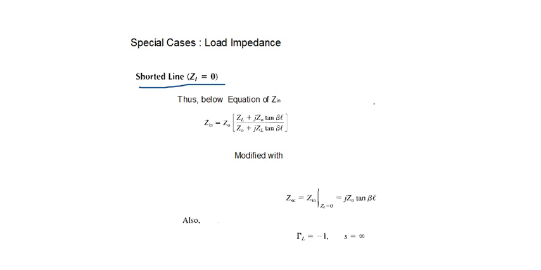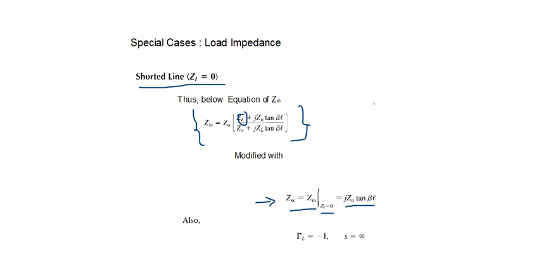Then the equation of Zin, which we derived in our last lecture, lecture number 4, is ZSC, the Z short circuited, equal to Zin when ZL is equal to 0, and it is equal to j Z0 tan βL. This is because ZL in this equation is 0.